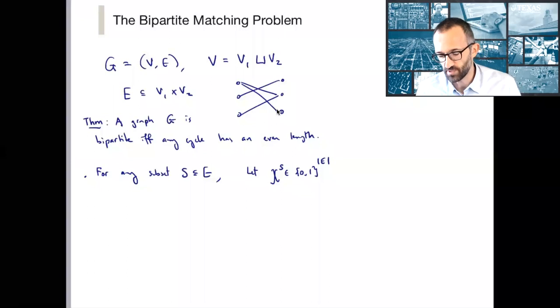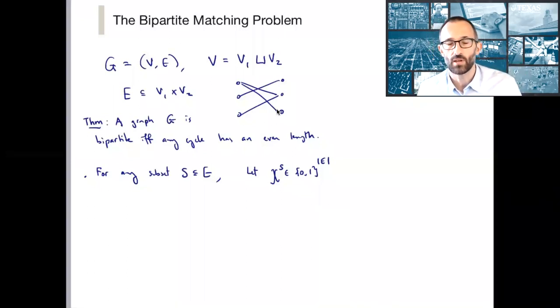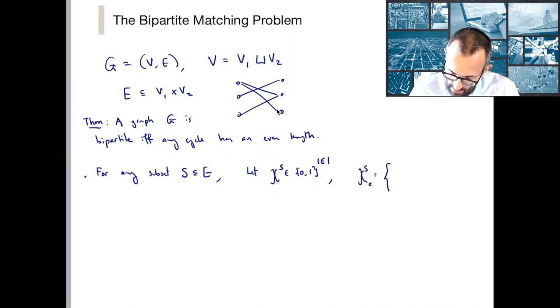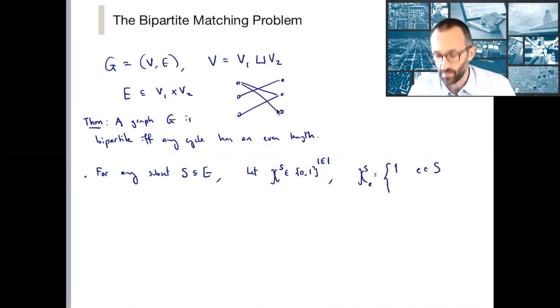The notation is very simple. I've got a 0 or 1 corresponding to every edge. It'll be a 1 if that edge is selected, and a 0 if the edge is not selected. It's a very easy way to just map into selection problems. So again, just to make it explicit, chi S of e is equal to 1 if e belongs to the chosen subset S and 0 otherwise.